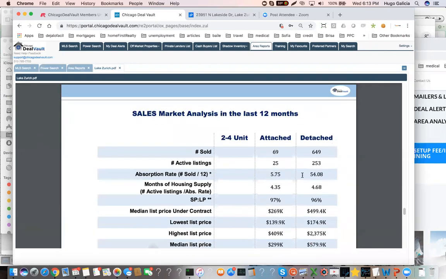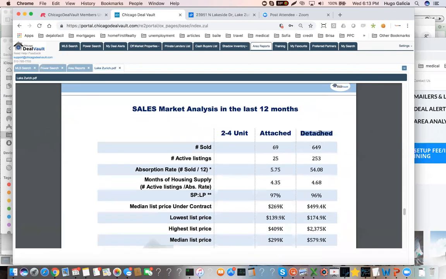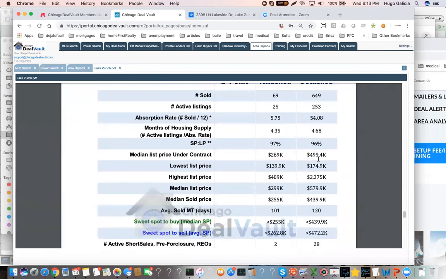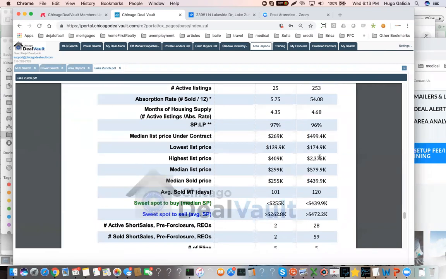Now, something that is very important to know when getting into an area, you've got to understand the sweet spot to buy the home and the sweet spot to sell the home. So this is analysis in the last 12 months. We're going to be focusing on single family homes, which are detached. The reason why we purchased a property in Lake Zurich is because the sweet spot to sell a property in Lake Zurich is over 400,000, right?